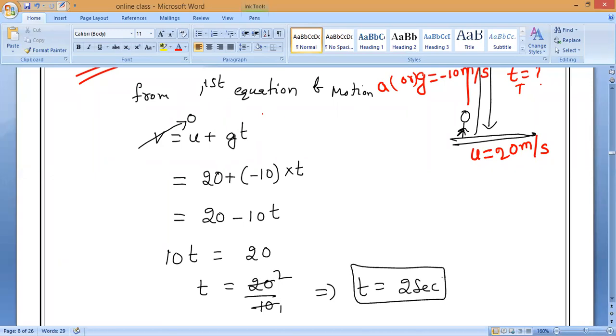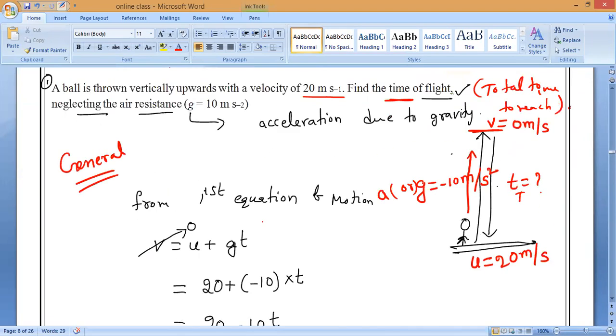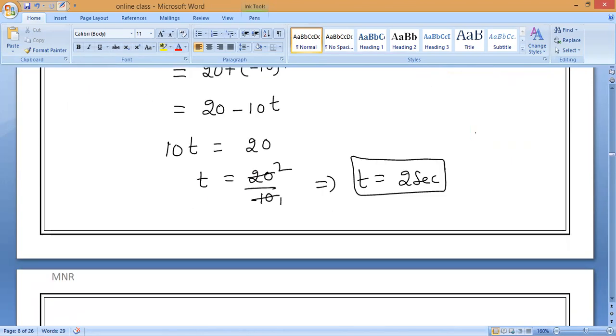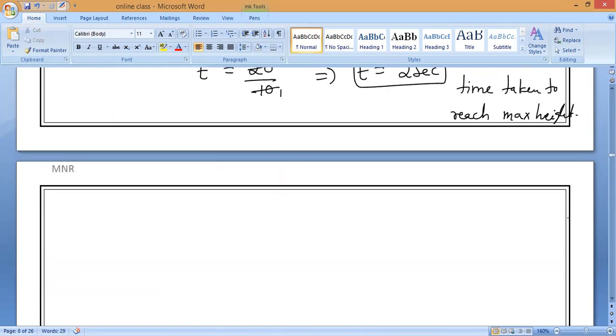So now you tell me, are they asking total time or only going time? Total time, sir. So the time taken to reach maximum height is 2 seconds. Now, to come back also, how much time? Going time is 2 seconds.